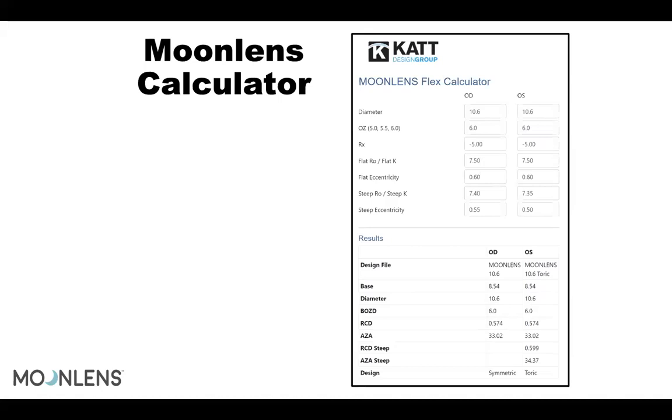because if you have a larger cornea, let's say a 12 millimeter cornea, then probably 10.6 is going to be a smaller diameter, and that lens is going to move and it's not going to be centered. So you can actually change it.